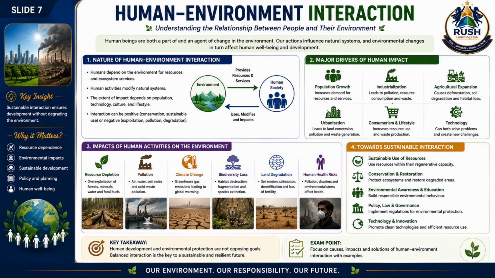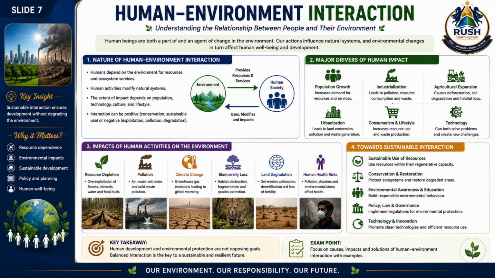To address these challenges, sustainable interaction between humans and the environment is essential. Sustainable use of resources ensures that resource consumption remains within the regenerative capacity of natural systems. Conservation and restoration efforts help protect ecosystems, biodiversity, and ecological functions.